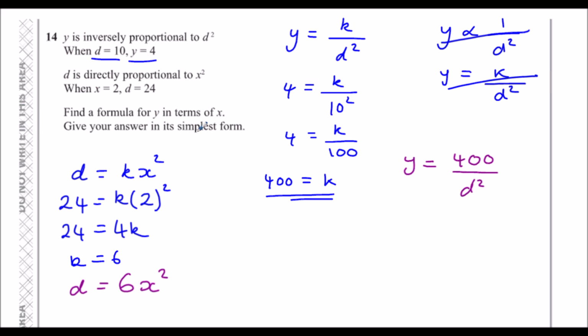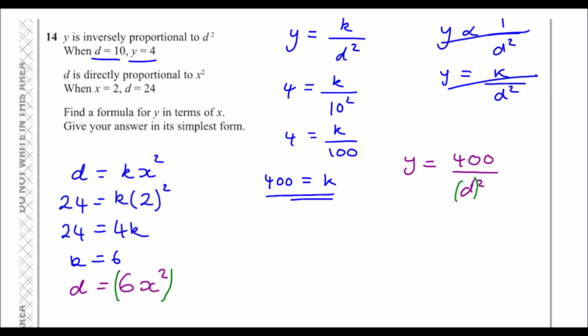Okay, what does the question say? Write a formula for y in terms of x. So I need to have a formula that's y equals, but without d's, with x's instead. So I'm going to substitute in for d 6x squared. 6x squared is equal to d, so I can change d to 6x squared.